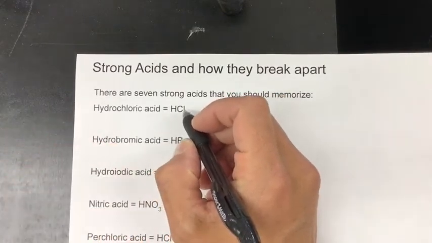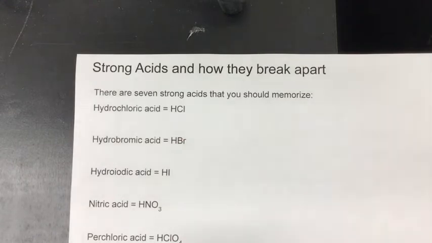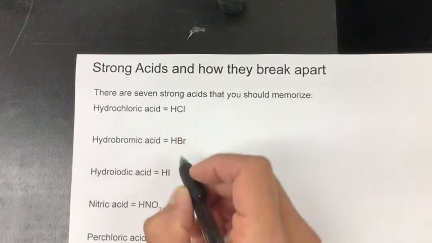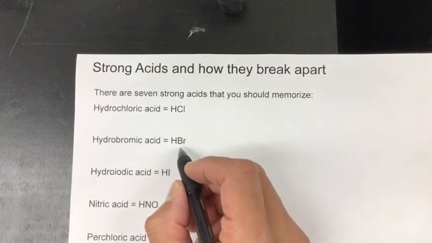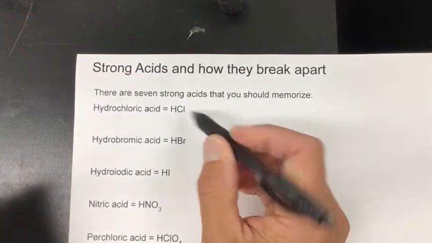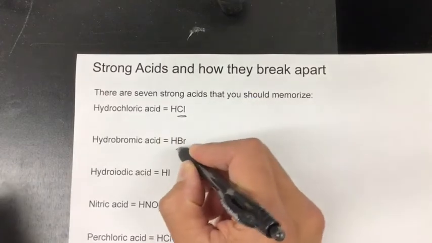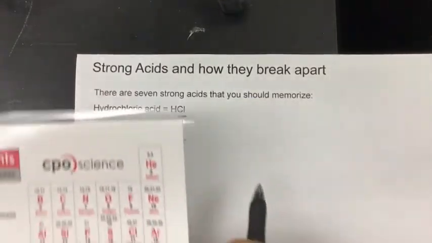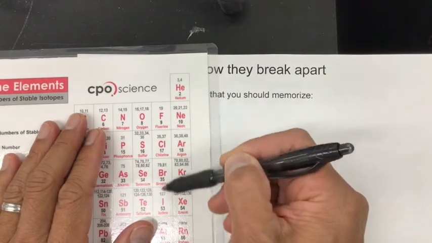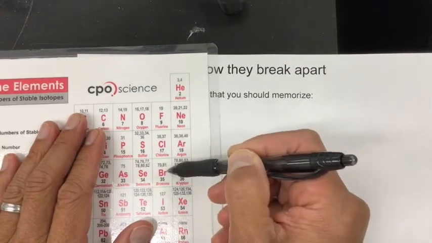Hydrochloric acid is the first one. This is an L, not an I. So HCl, hydrobromic acid, HBr, and HI, hydroiodic acid. If I look at a periodic table, you will recognize that Cl, Br, and I all fall in this column of the periodic table.